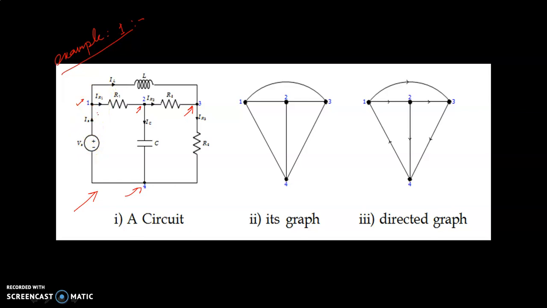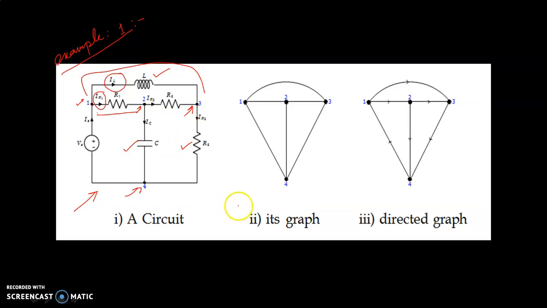In this path from 1 to 2, the direction is given like this. From 1 to 3, the direction is given like this. The element is given.